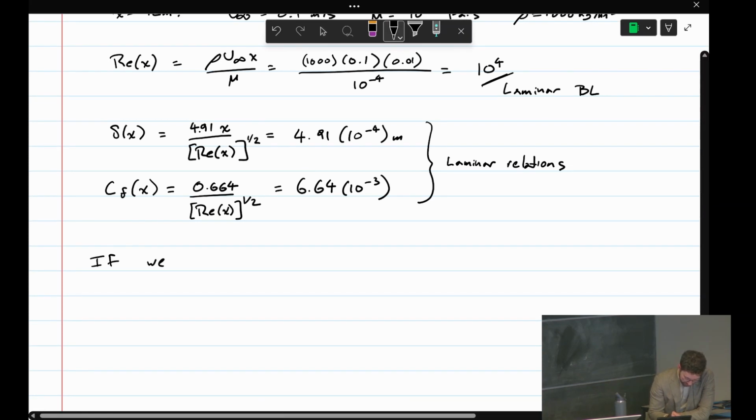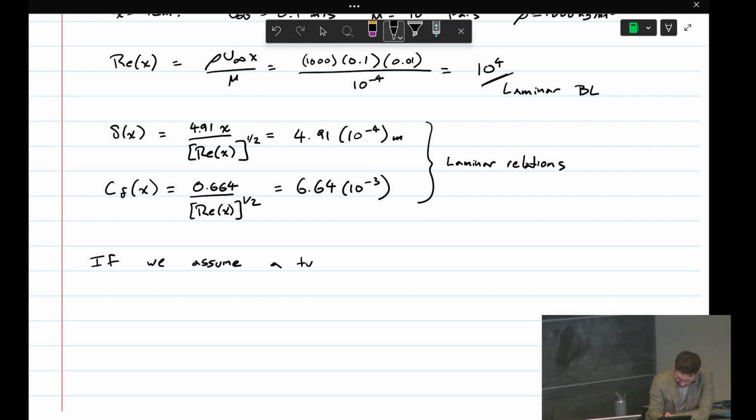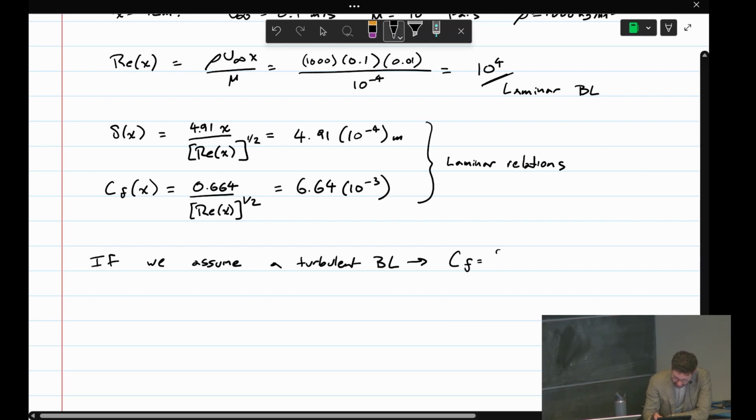If we assume a turbulent boundary layer, we use a different skin friction coefficient formula. That's the one that was 0.027 over the Reynolds number to the power of 1/7. So 10 to the 4 to the 1/7.